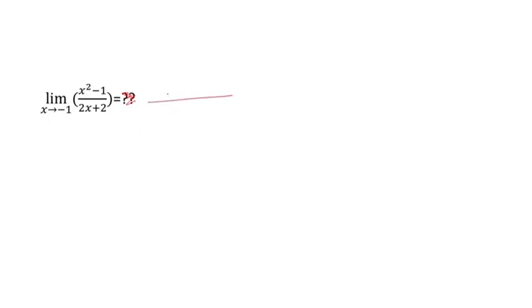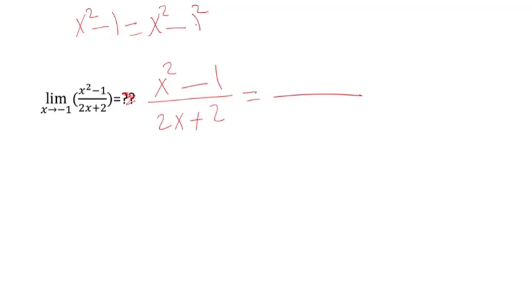Like always, write out the entire thing: 2x plus 2. The top one, x squared minus 1, is the same as x squared minus 1 squared, because 1 squared is just 1. I would recommend watching the video on remarkable identities.